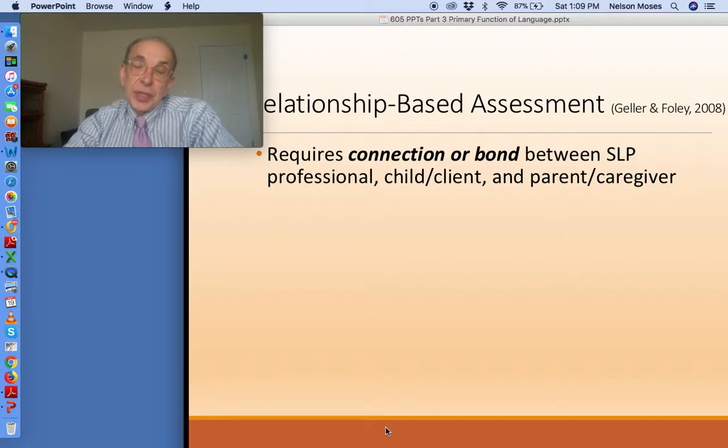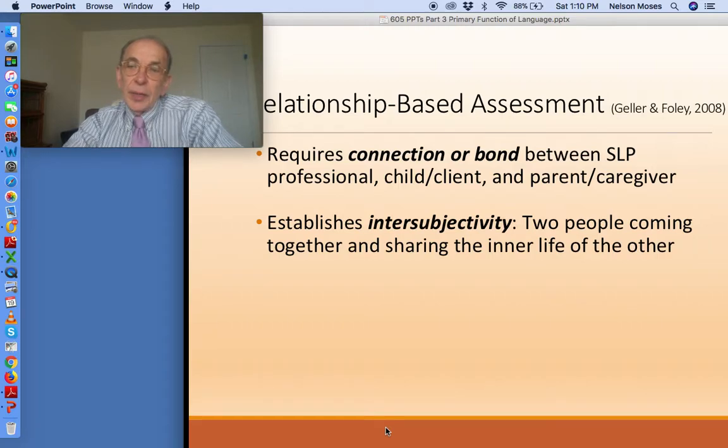If you're working with children, then the caregiver will be the parent. If you're assessing adults, well then the adult will be involved with a significant other, wife, partner, husband, whomever, and one has to establish a connection or a bond.